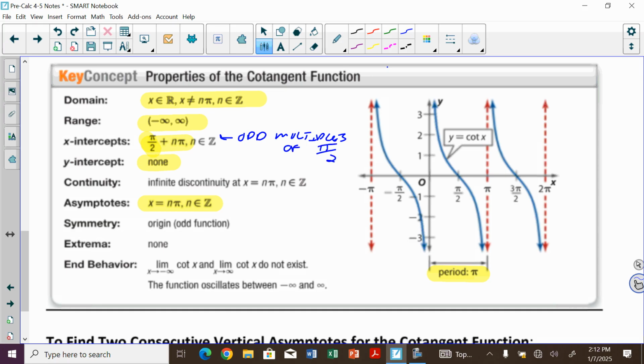You can see the graph is just flipped, almost like a reflection over the x-axis. And then the asymptotes are going to be multiples of pi. Okay, just have the information down.